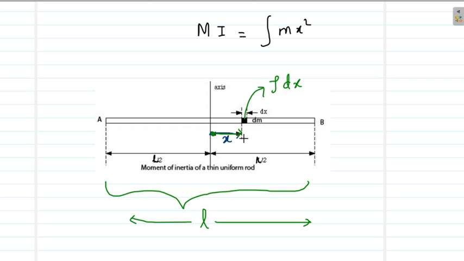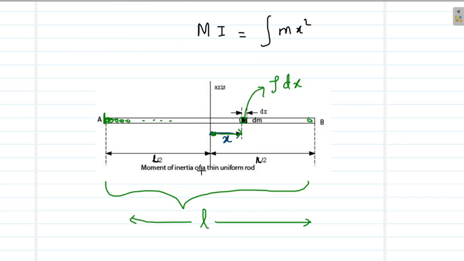So this is the moment of inertia due to a single element present here. A rod is comprised of a large number of these small elements present from one end until the next end continuously. So here we will have one small element followed by another one and so on. This is a continuous distribution of mass. So to find the total moment of inertia of the rod, we will have to integrate this term over the whole length.